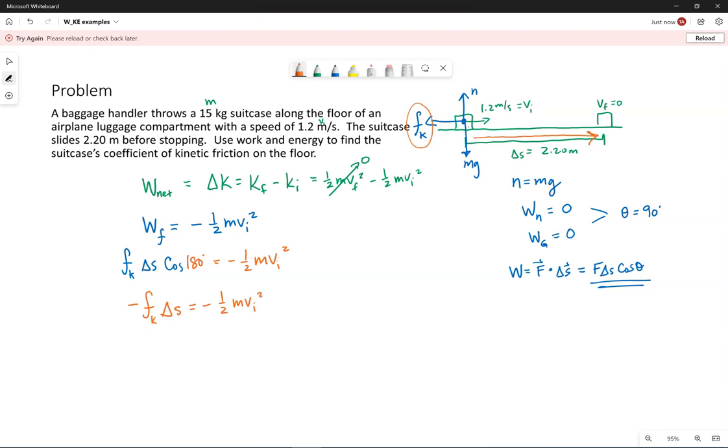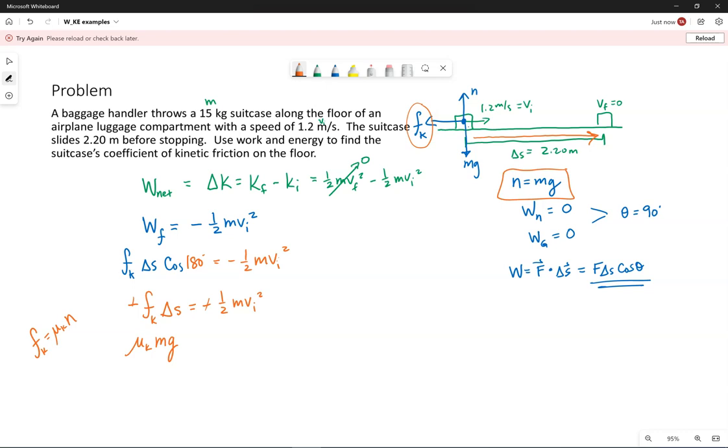So these negative signs are actually going to cancel on both sides. From here, we do want to plug in the force of friction. Its value depends upon the coefficient. I guess I shouldn't skip that step. Coefficient of friction times the normal force, which is going to be mu times mg.